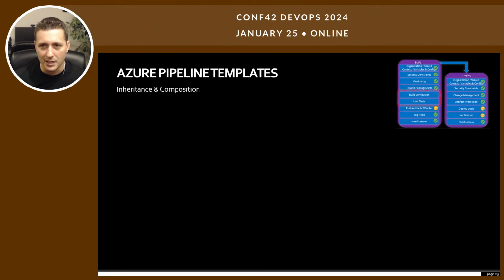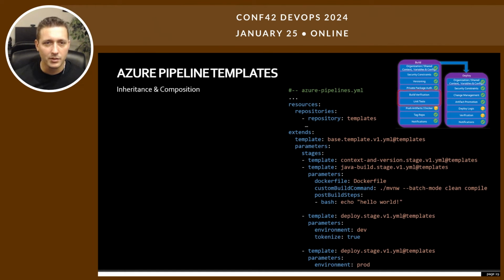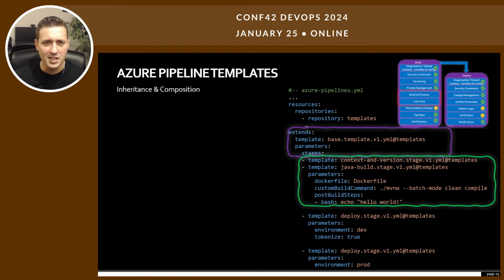And so with these benefits then of inheritance and composition, think about some of the things that we're gaining out of this, right? Here's an example of a pipeline that uses templates to do some really powerful behaviors. We have a base template that's getting us some security and best practices and default variables and everything into our ecosystem. We then have a build stage where we're including context and versioning that was just standard. We might have a Java application, so we pull in the Java specific template of how we standardize our approach.